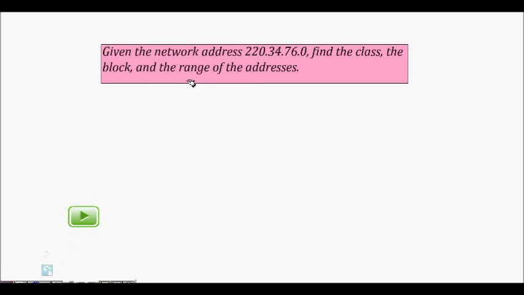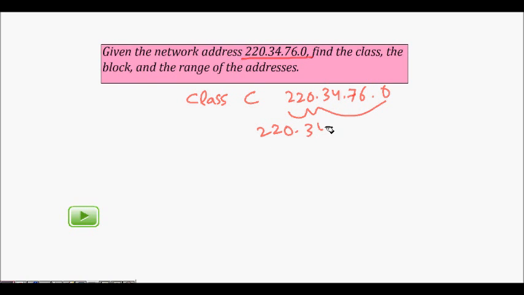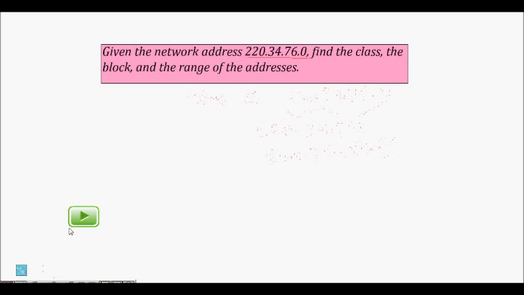Another question. The network address is this, find the class. This will be fast. The class is class C, based on your previous lecture. When you have a class C address, the network address is the first three bytes, so 220.34.76.0 is the network address, and the range of addresses is 220.34.76.0 to 220.34.76.255.